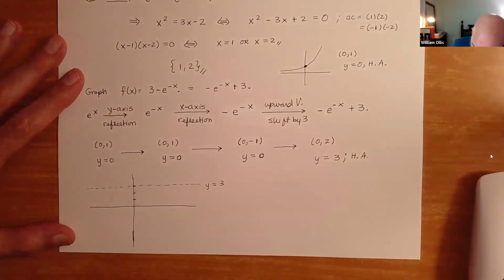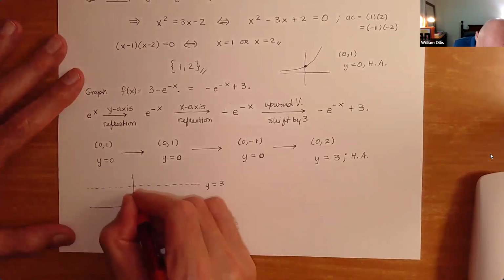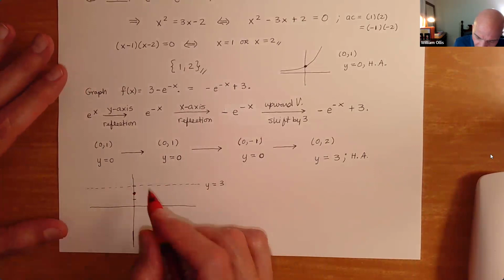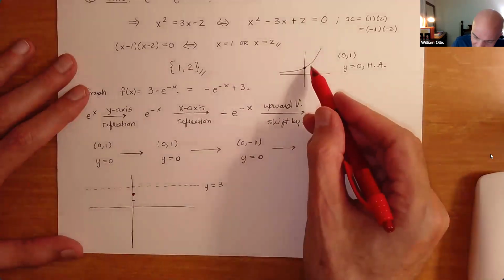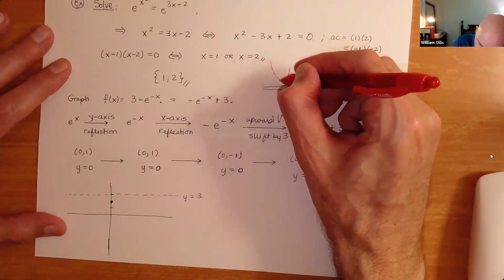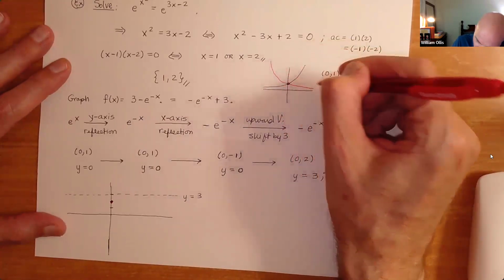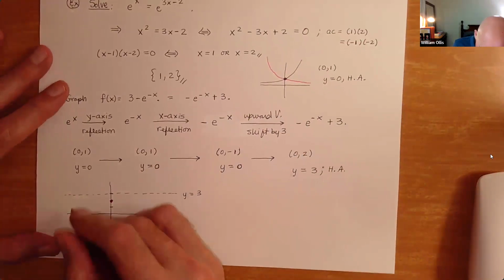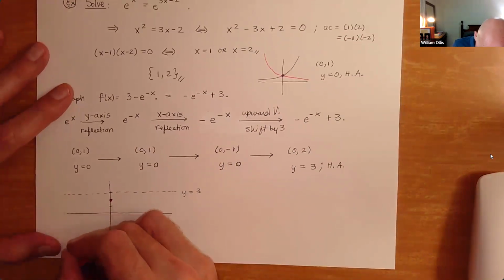I'll go ahead and do that in red. Now when you think about what's going on, we start out with this, and then we do a y-axis reflection that does this. Then we bring everything down and then move it up. So we've got something like this.